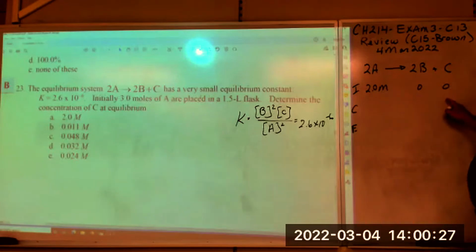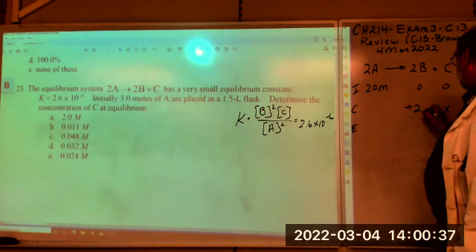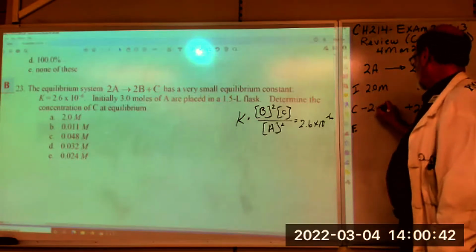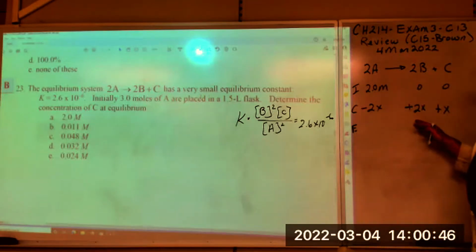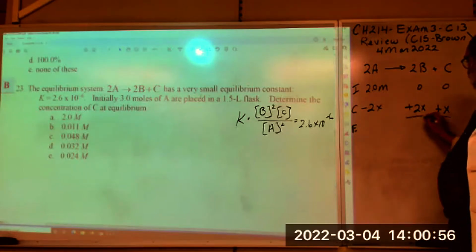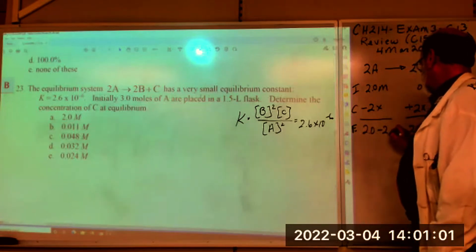And this is going to produce, let's look at the concentration of C. So let's make this one, we're going to add a certain amount of C, which means we're also going to add twice as much B, and it's going to come from this one, 2x. See why I chose that value? I put x as our unknown here because the answer we want is x. 2.0 minus 2x.